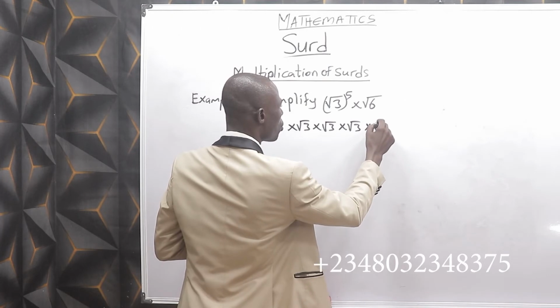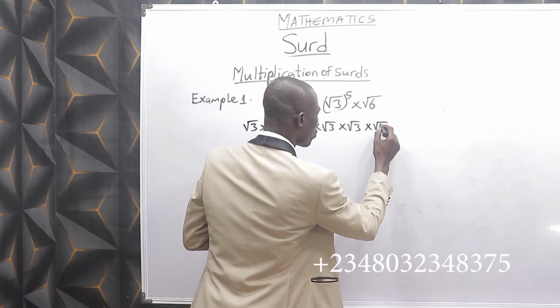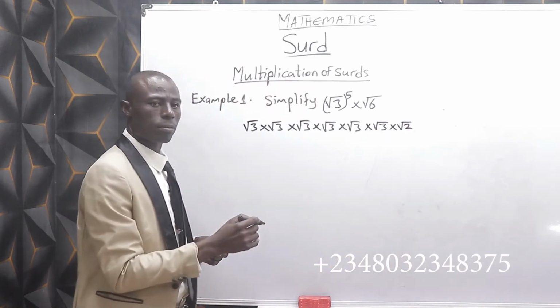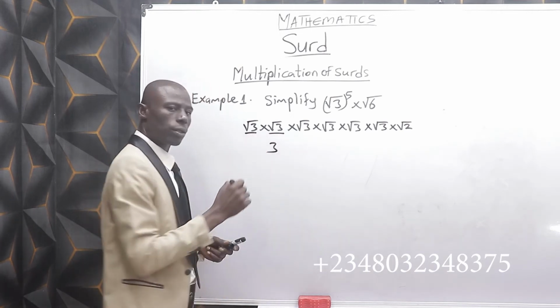Times, you break root 6 into factors: root 3 times root 2. So, root 3 times root 3 gives 3. Don't forget the rule.